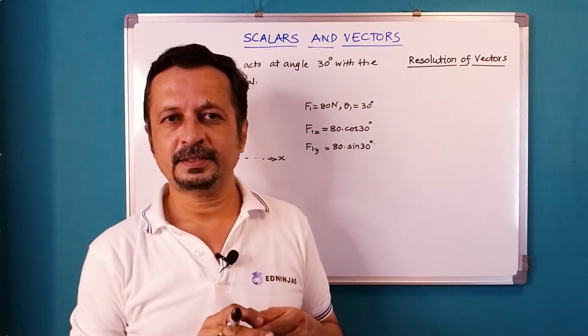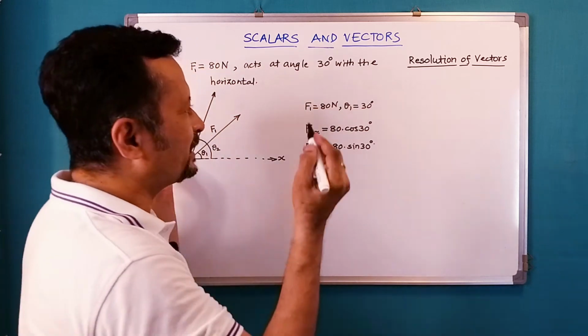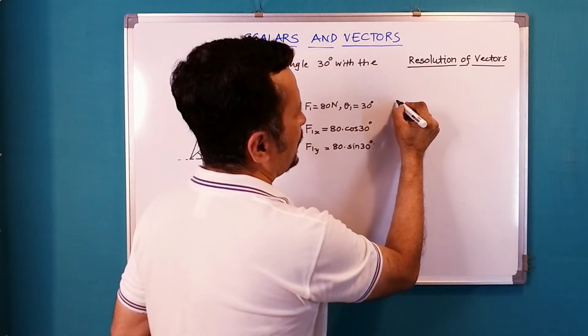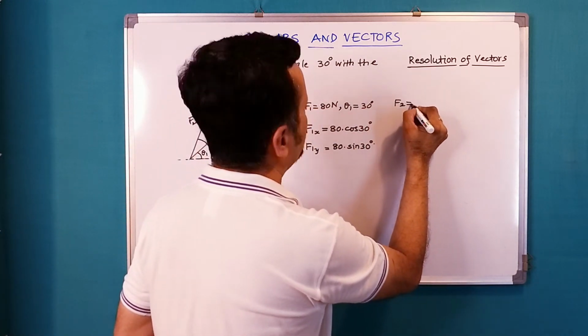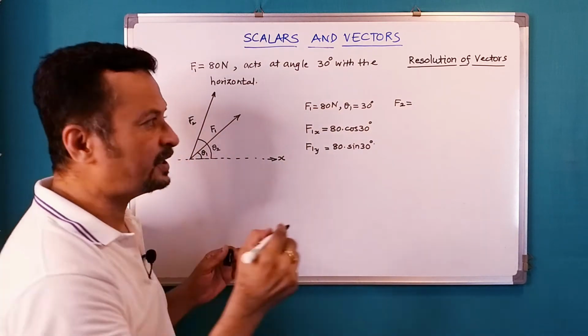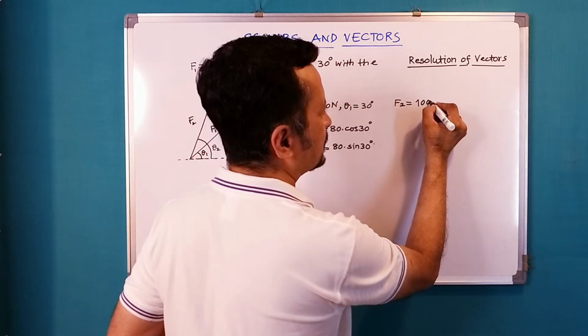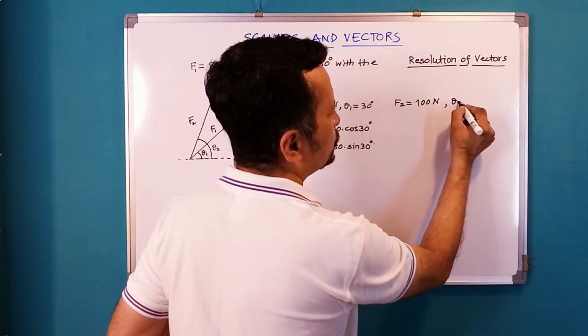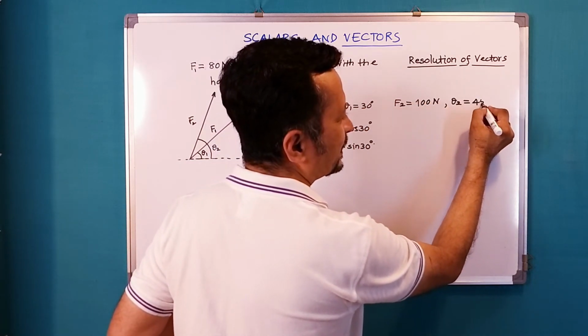So maybe I'll write it here. F2 is equal to, magnitude of F2, how much do you want to take? Shall we take 100? Yes, let us take 100 Newton.